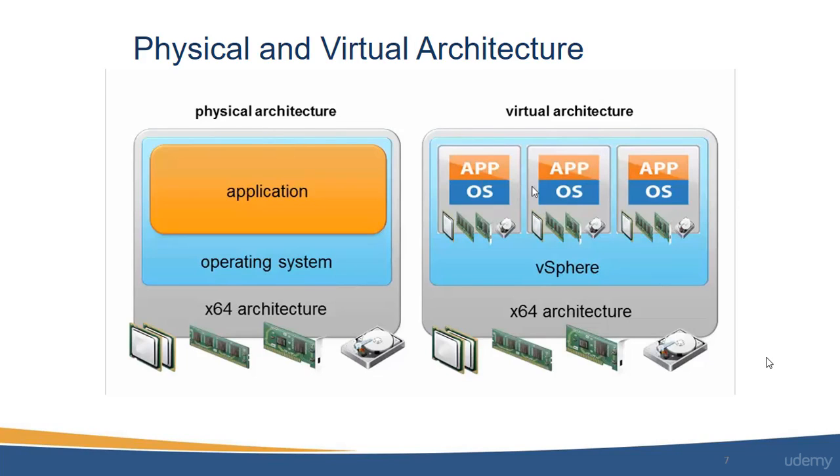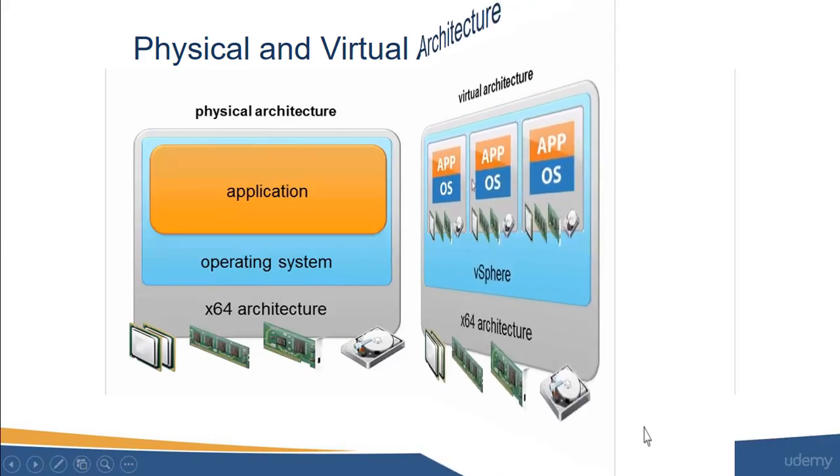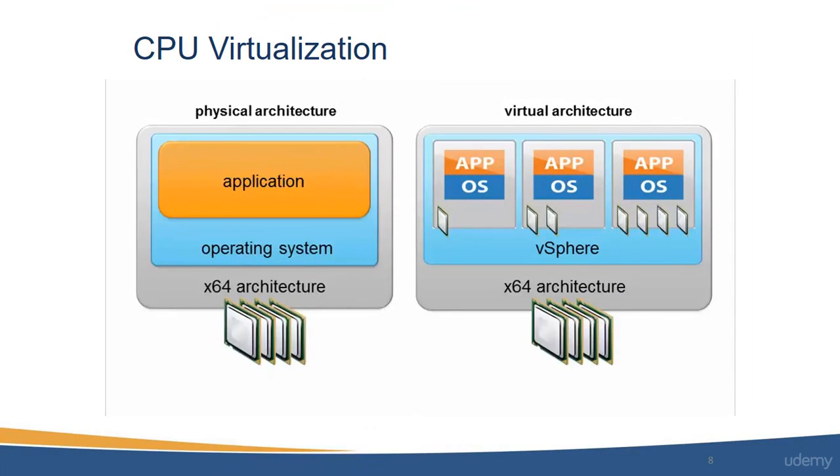One of the benefits of using virtualization is the CPU virtualization. In a normal architecture, you have 4 CPUs, you create your operating system and your application, and you use the 4 CPUs for your application, even if your application needs only 1 CPU. But in the virtual architecture, we have the ability to create a virtual machine with only 1 CPU, or another virtual machine with 2 CPUs, and another virtual machine with 4 CPUs, etc. We can create more virtual machines with different CPU numbers, but of course within the limit of your original number of CPUs.